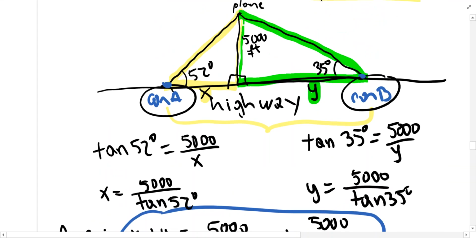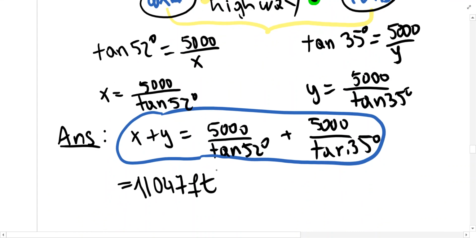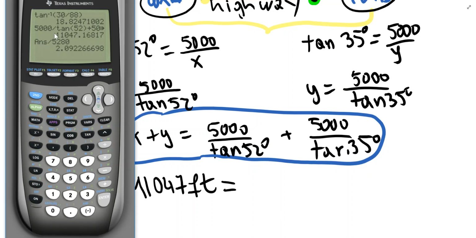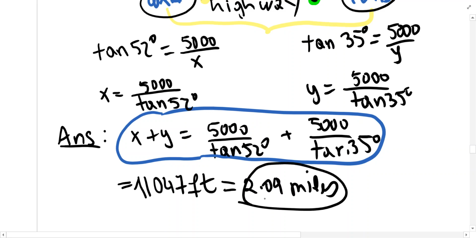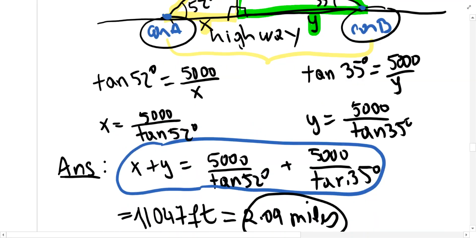And that is feet. And if you wanted to convert that into miles, you would have to divide by how many feet are in a mile. So if you divide your 11,047 by 5280, you get 2.09 miles. So that's how far apart the two cars are.